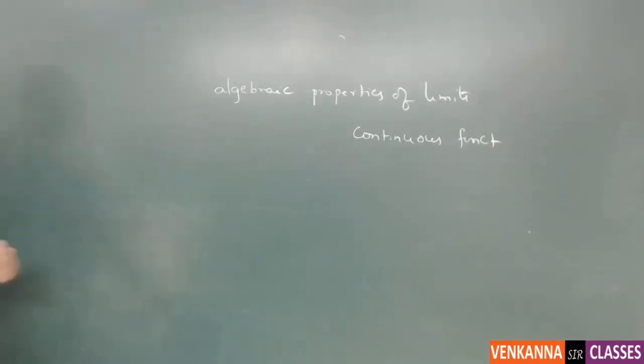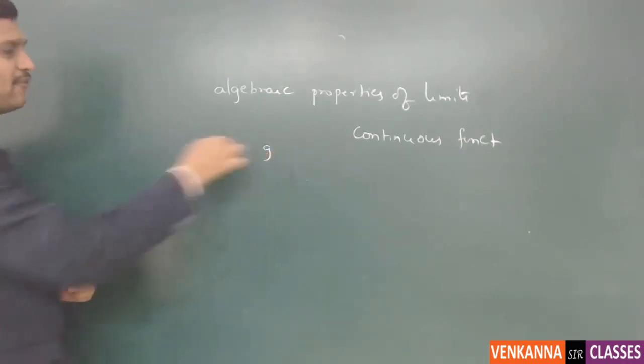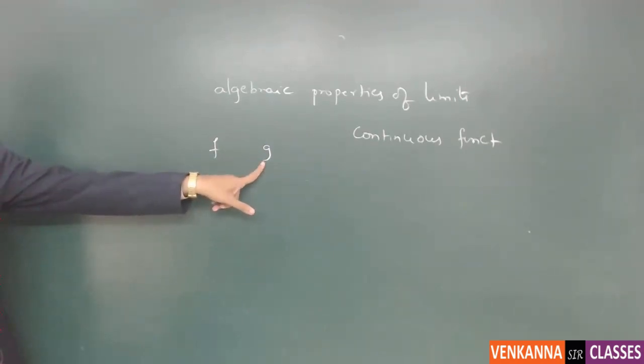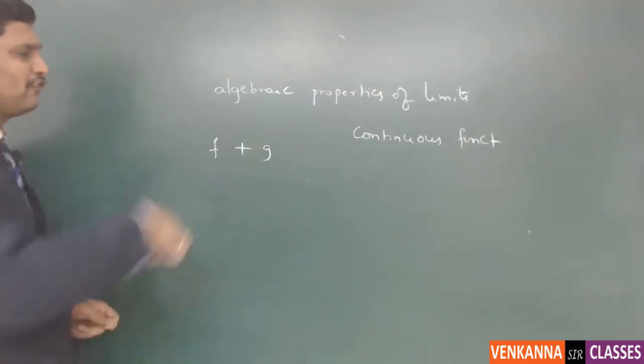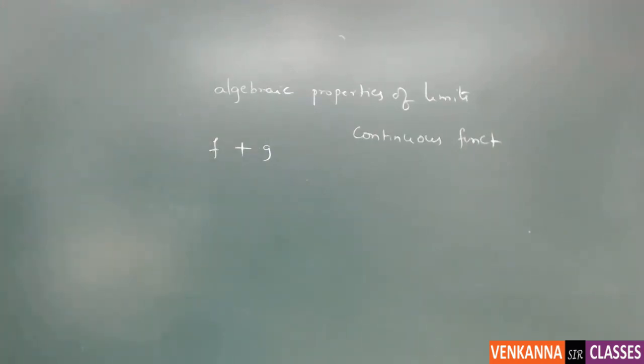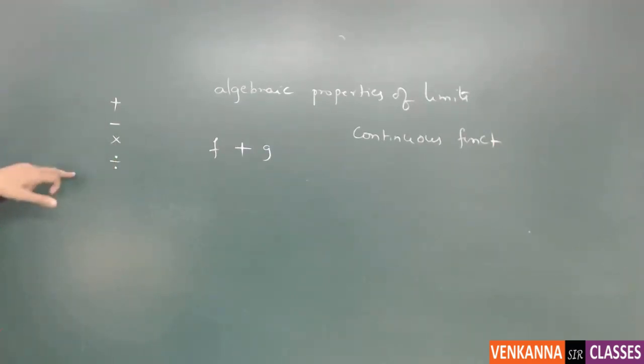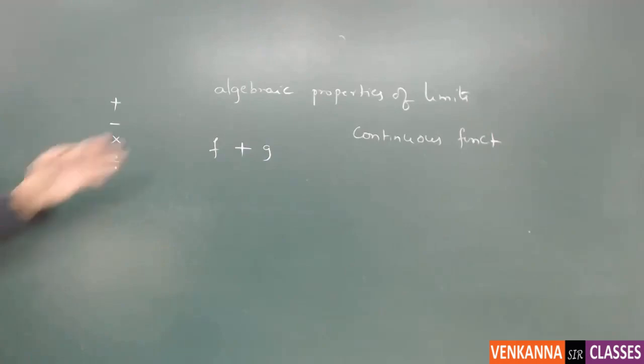So, if you take two functions, f and g, f is a continuous function, g is a continuous function, defined on the same interval, then f plus g is also continuous. So we have the algebraic properties for addition, subtraction, multiplication, division, isn't it? So similar properties will be satisfied by the continuous functions. The same thing we have discussed while going for the algebraic properties of the limits.